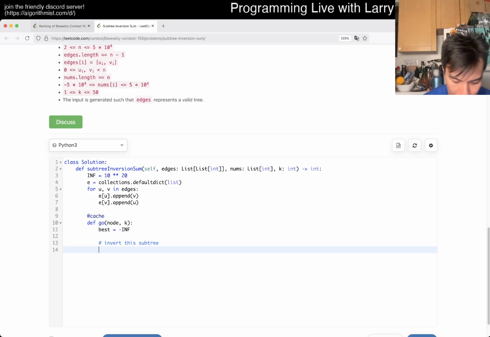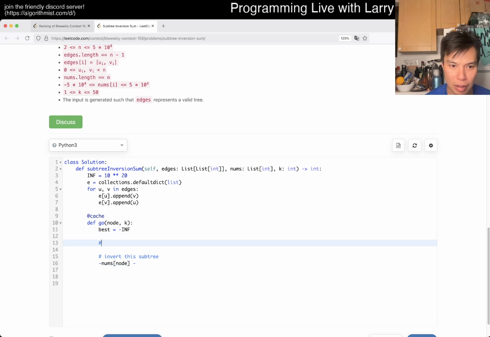So we invert the subtree, then it is just this node, which is num sub node minus all the subtree, of course. So then we just do a loop through that. That's fine, right? And then if we don't, right?